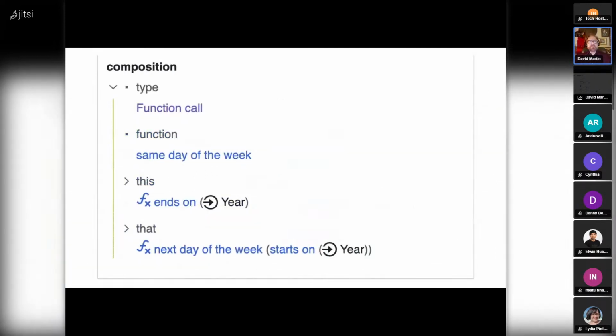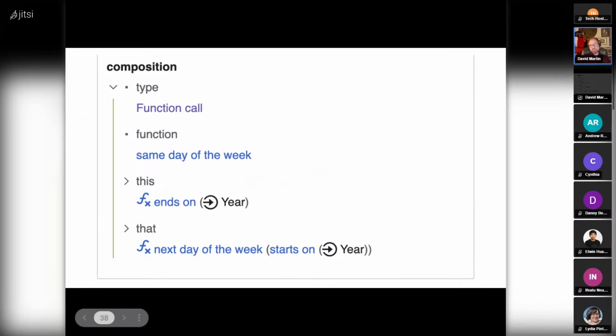Here's a simple example of a composition implementation, which relies on a clever algorithm. If a year ends with the same day of the week as the second day of that year, then it was a leap year. So this composition is a top-level function call to a function called same day of the week.